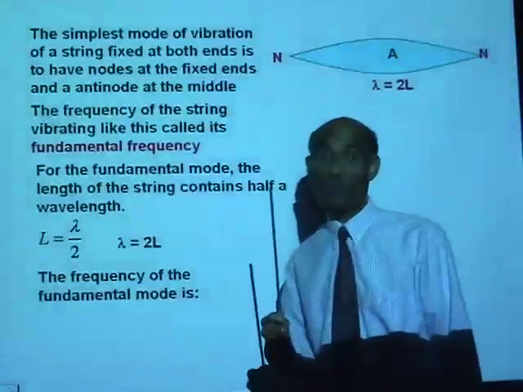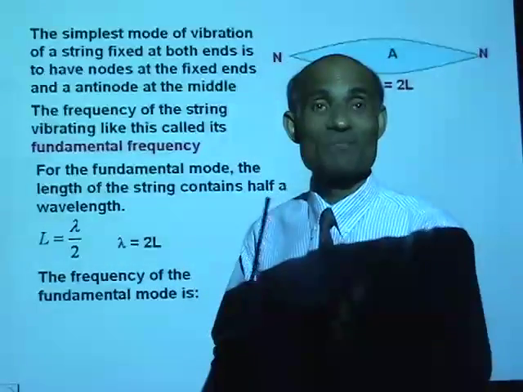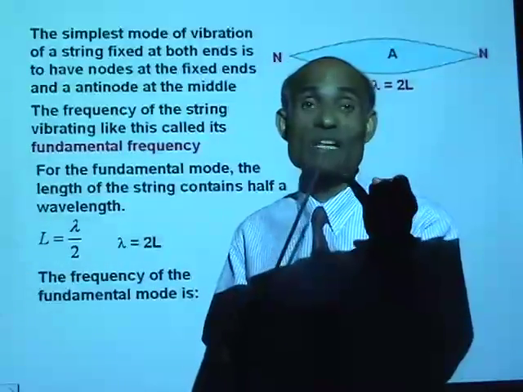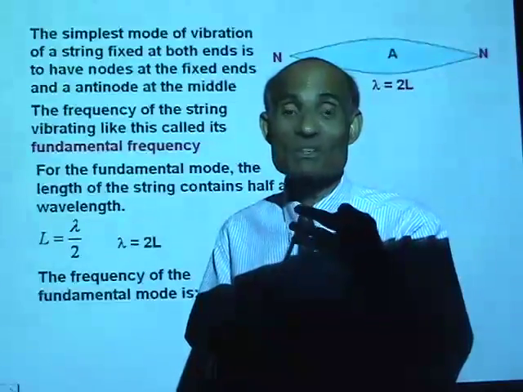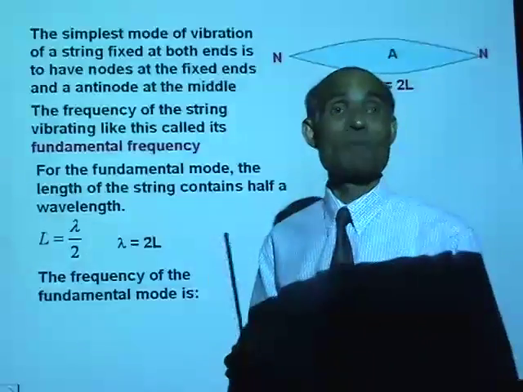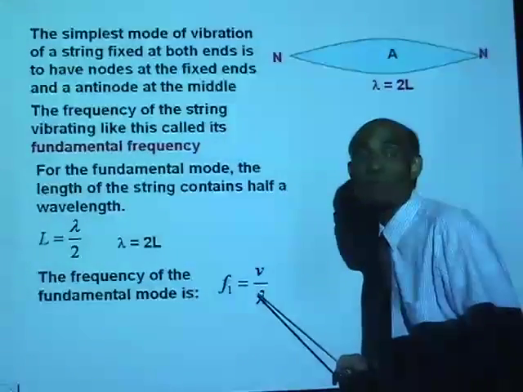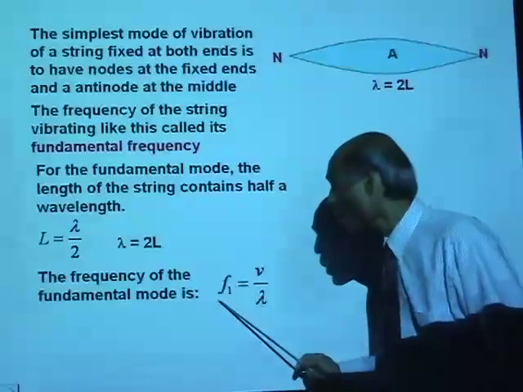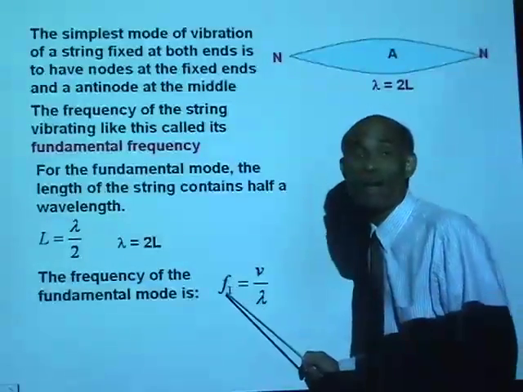Now remember that wave equation. What is our wave equation? Do you remember? The equation that connects the wave speed, frequency and wavelength. V equals F lambda. Therefore, F equals V over lambda. Now, I'm going to call the frequency of the fundamental mode F1.